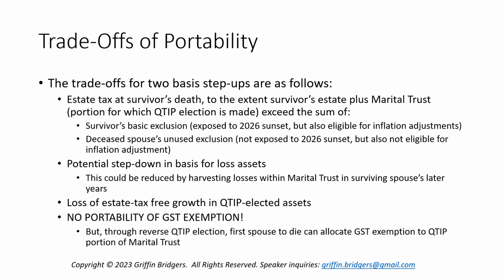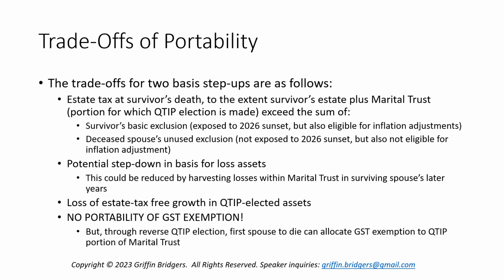One, there's obviously going to be some estate tax then potentially at the survivor's death, to the extent the survivor's estate plus the marital trust, or at least the portion for which the Q-tip election was made, exceeds the sum of 1, the survivor's basic exclusion, and 2, the deceased spouse's unused exclusion that was preserved through portability.